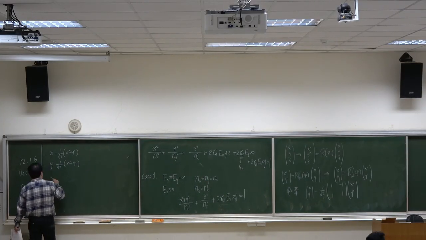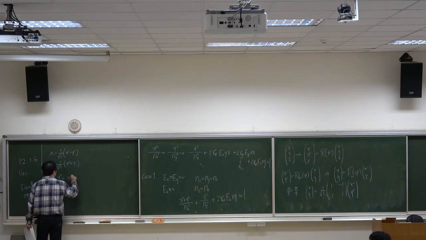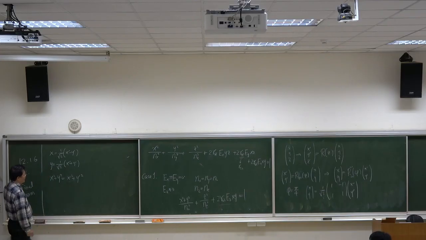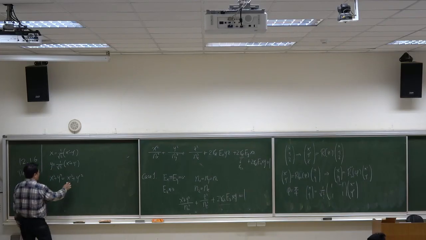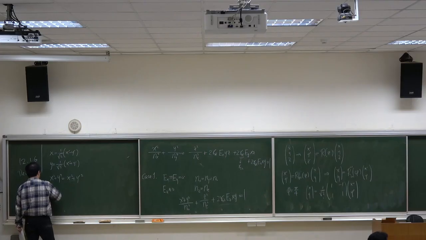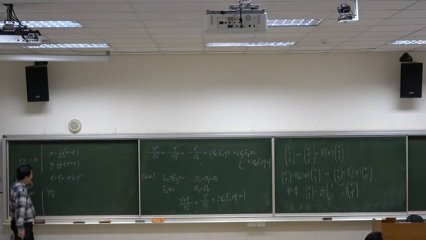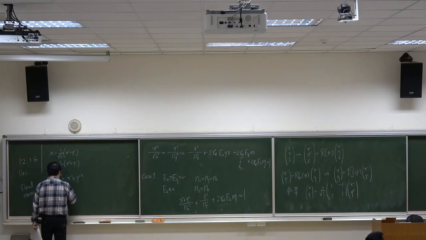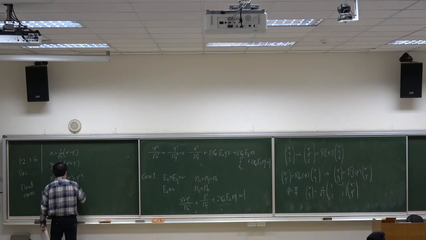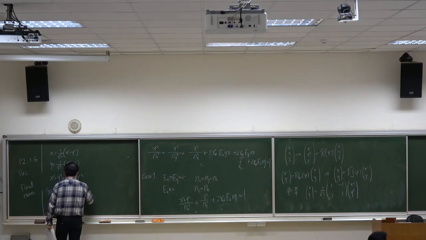Then you can check that x squared plus y squared is the same as x prime squared plus y prime squared. However, there is also xy. So xy now can be written as 1/2 times x prime squared minus y prime squared.